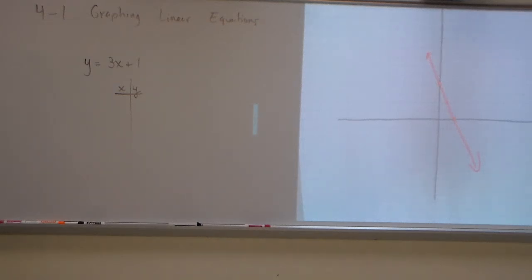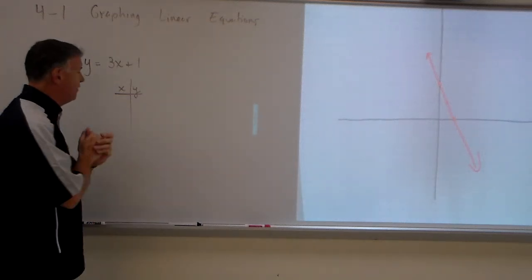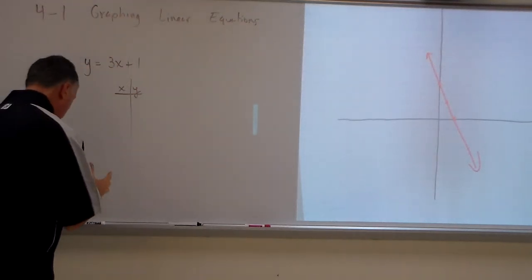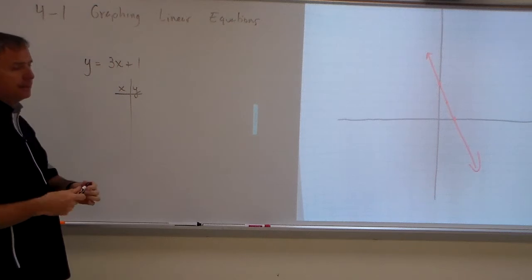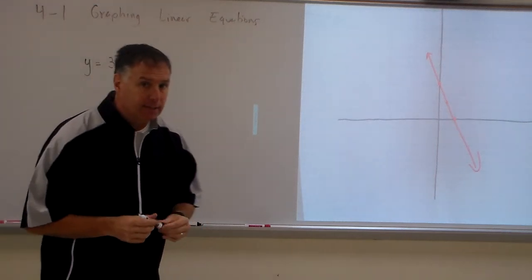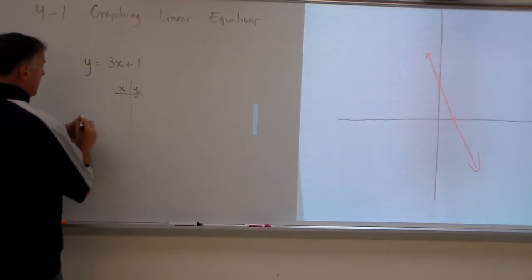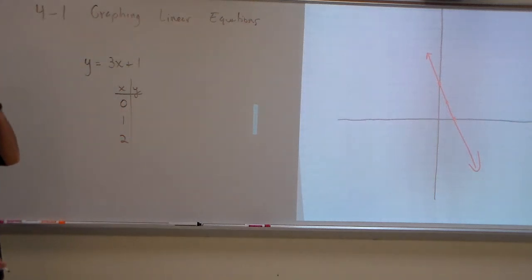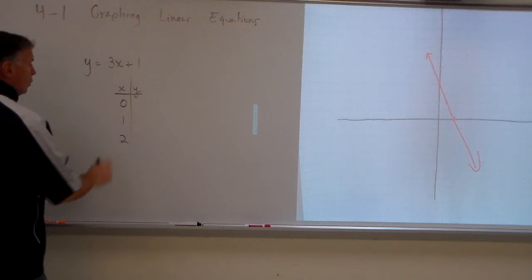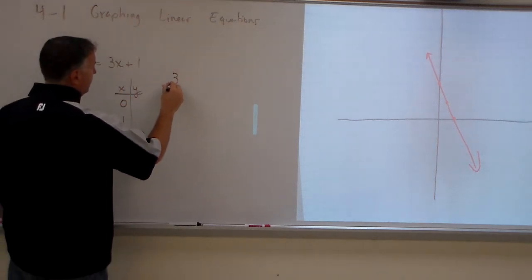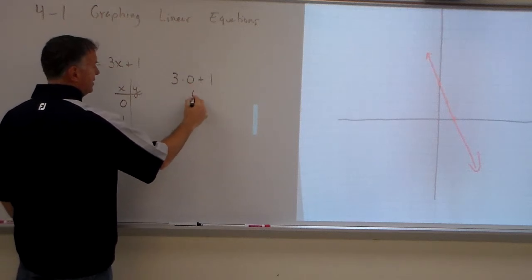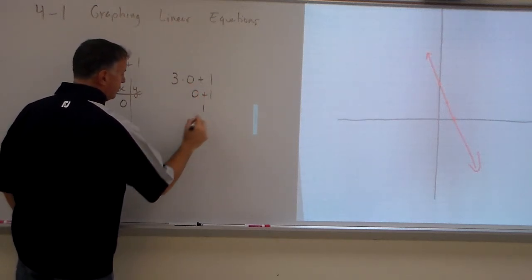Okay, so I am hoping that you paused that video, and now we are going to plug some points in. I'm going to pick 0, 1, and 2. When I plug in a 0: 3 times 0 plus 1. 3 times 0 is 0. 0 plus 1 is 1.